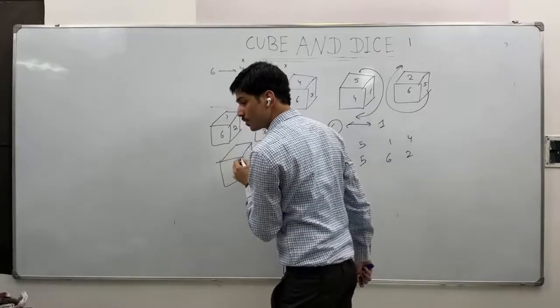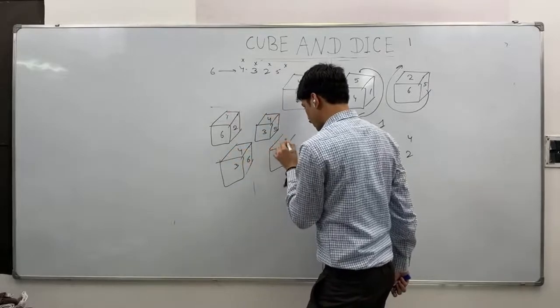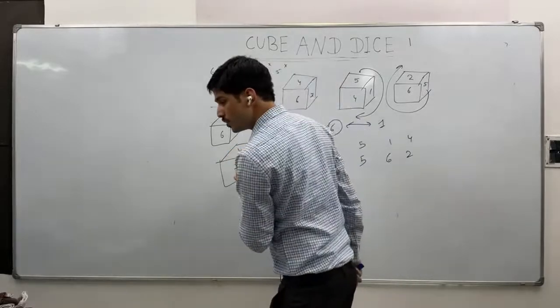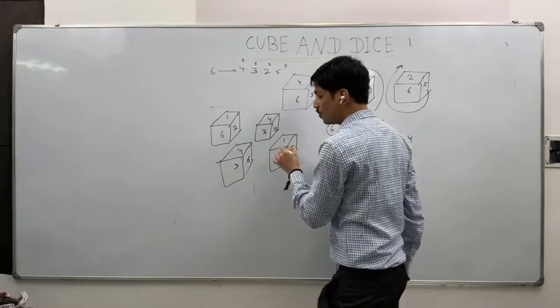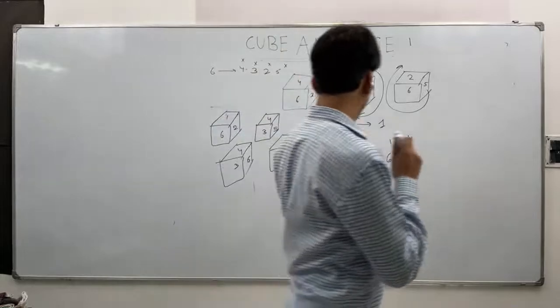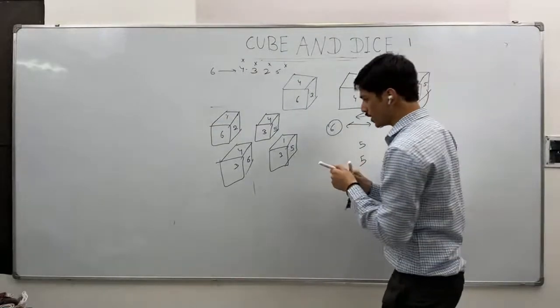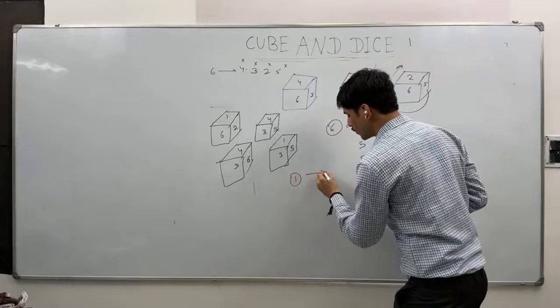This one I have 4, 3, 6. One more cube I have, that is 1, 3, 5. Now my first question is, what will be the opposite of 1? You have 4 cubes, right? All of you can see the cubes. Opposite of 1 is 4.